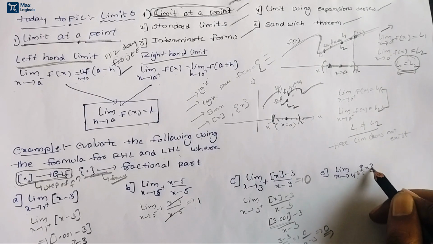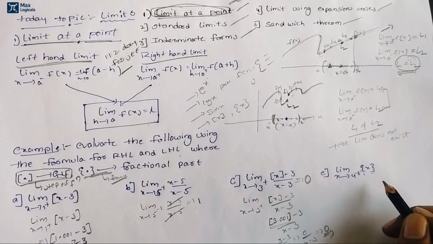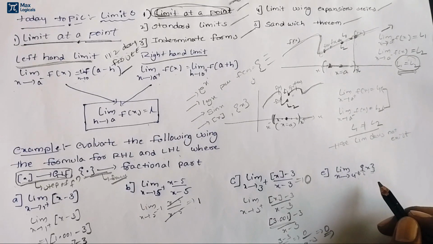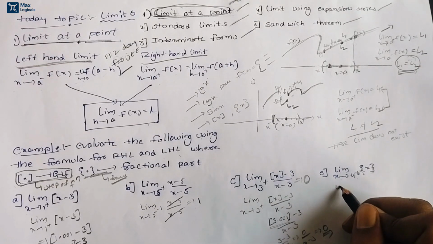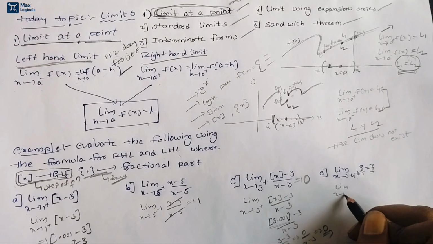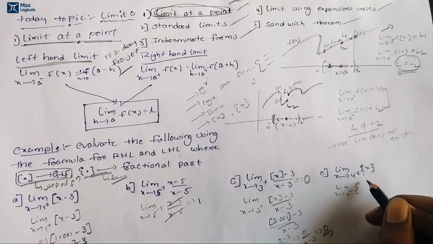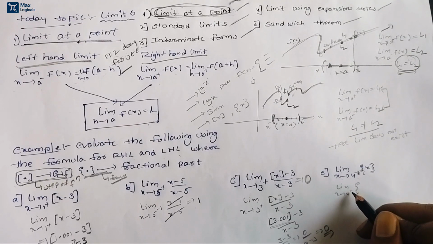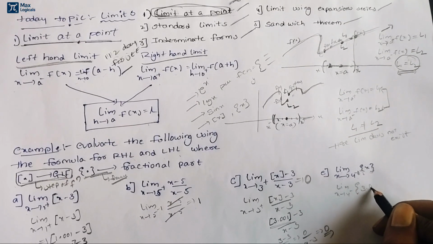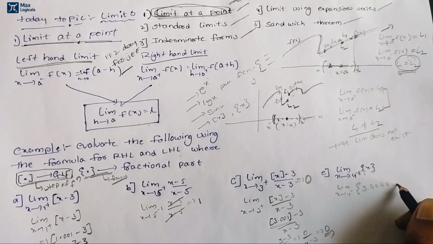And limit extends to 4 minus of fractional part of x. First, limit extends to 4 minus, fractional part means, what is the value of 4 minus? It means 3.999 and so on.